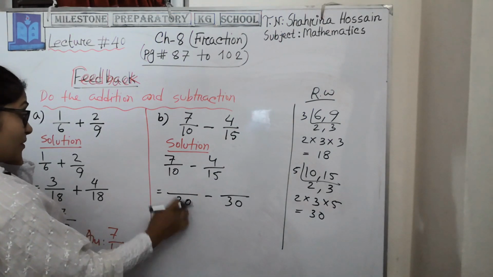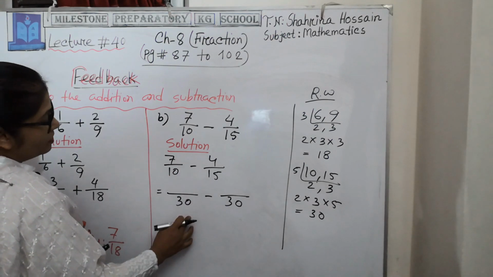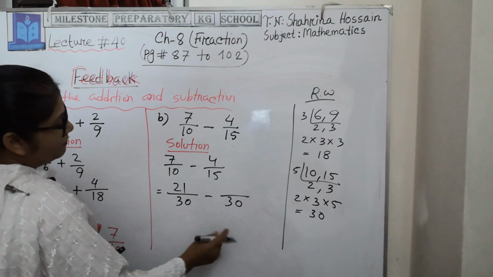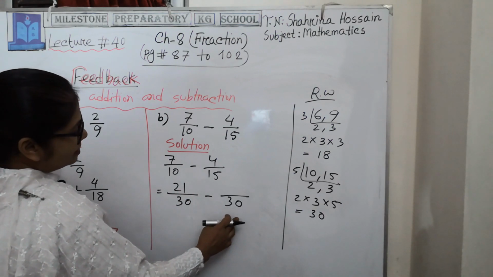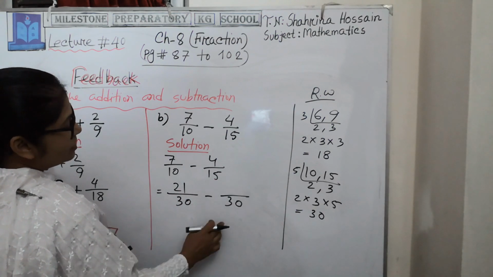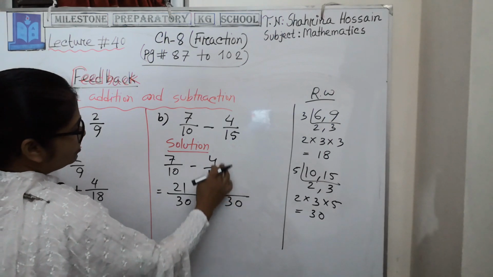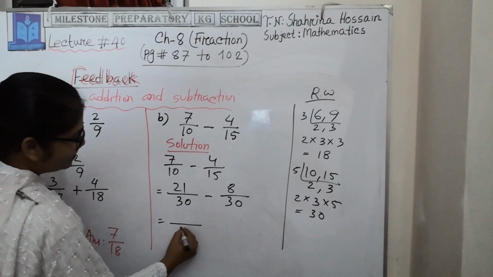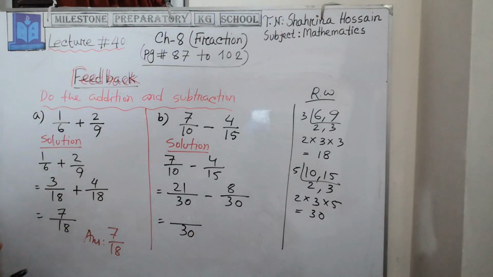Now we divide 30 by 10. So 3 tens are 30, and 7 threes are 21. Again we divide 30 by 15, so we get 2. So 2 fours are 8. Now over 30, we subtract 21 minus 8. What will be the answer?